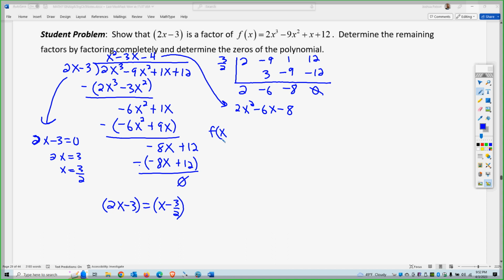So the original function is 2x to the third minus 9x squared plus 1x plus 12. Okay, so f of x equals, I'm going to factor out a x minus 3 halves. And that's going to be left with 2x squared minus 6x minus 8.